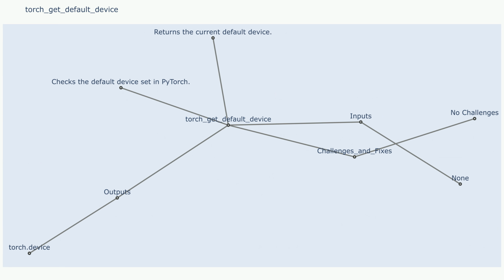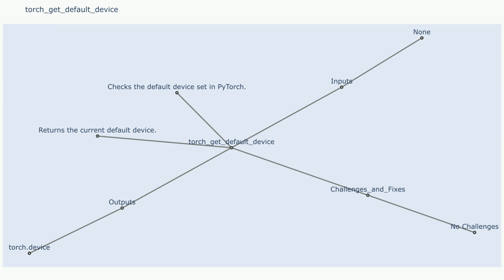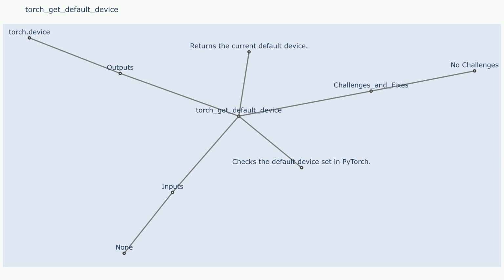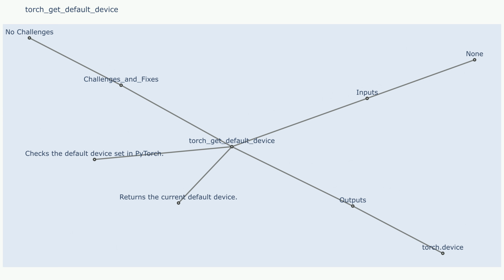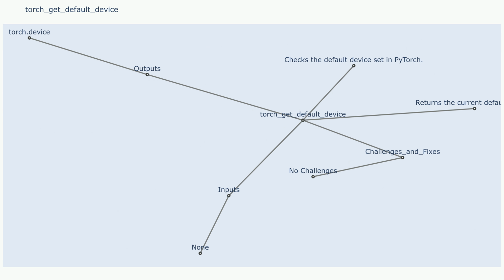Fixes: manually specify the device for your tensors and operations. You can use the .to method to move tensors to a specific device. Use the torch.device object to explicitly specify the device you want to use. Challenge 2: if you have multiple GPUs, the default device might not be the one you want to use.